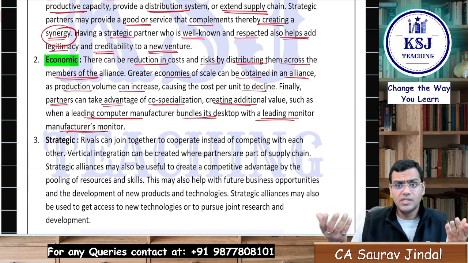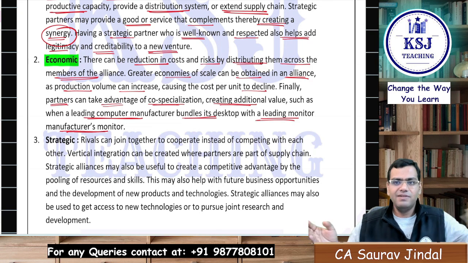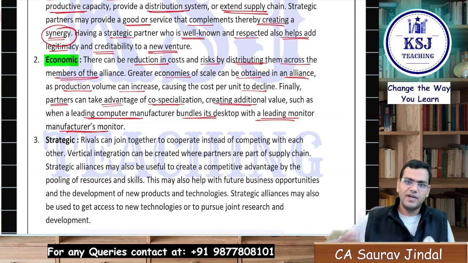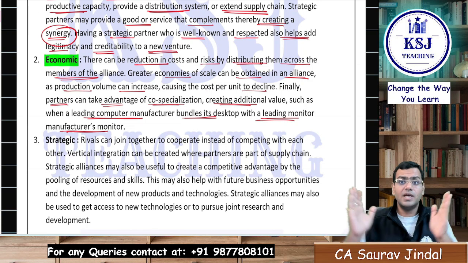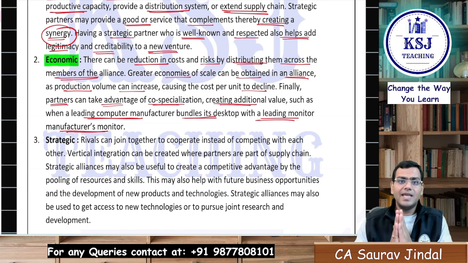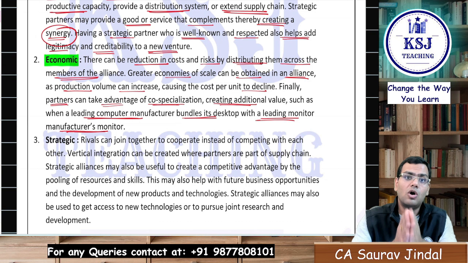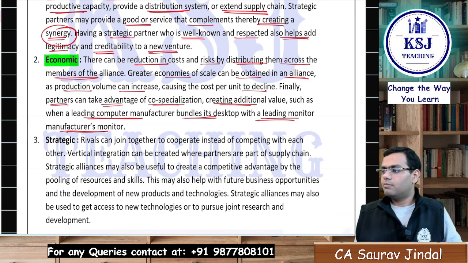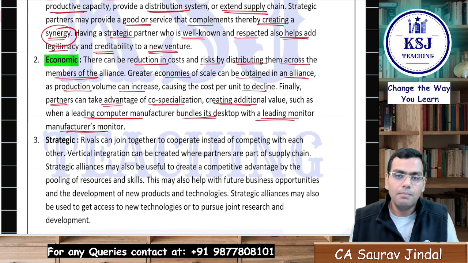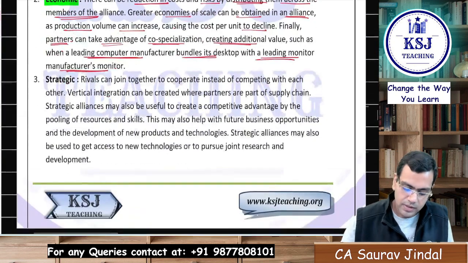In this way, both of them are going to benefit. Individually also, they can sell. The monitor manufacturer can sell the monitors individually and the computer manufacturer can sell the computers individually, but they are coming into the alliance also so that they can sell the bundle in totality. In this way, they will be able to sell more units, thus creating a competitive advantage also.